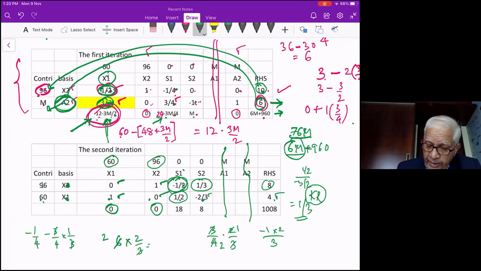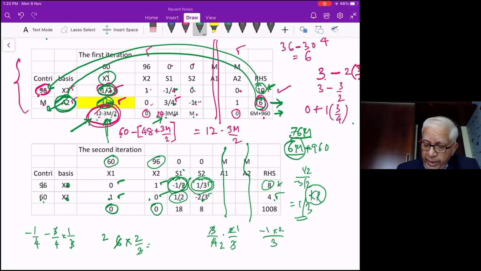Now the number here. How do we get this? 1 by 3. Old number 0 minus minus 1, that is 0 plus 1, multiplied by key ratio, which is 1 by 3. So 0 plus 1 by 3 is 1 by 3. Okay, fine. Now this number 10. How do we calculate this 8?